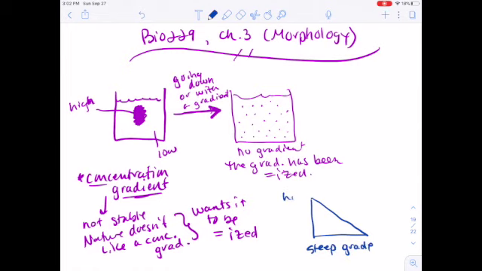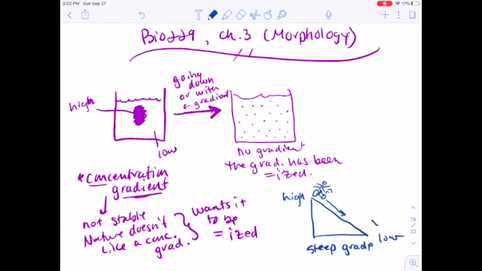We have an area of high elevation down here and low elevation down there. Let's put a person on there. You know you are not going to have to pedal to go down. It takes zero energy to go down that hill. It takes no energy to go down a gradient, right?